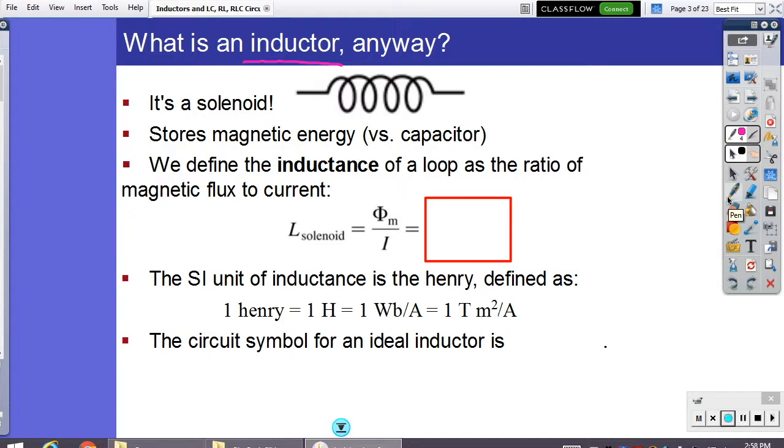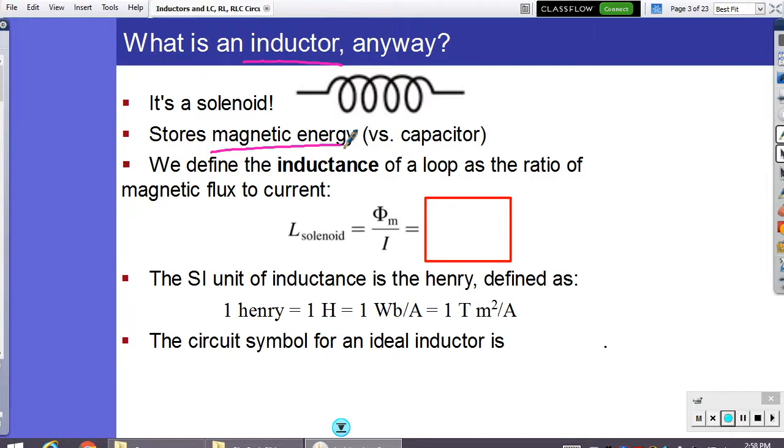What does an inductor do? It stores magnetic energy, kind of like a capacitor, but a capacitor stores electric energy. It stores magnetic energy, and it also has another interesting property that it resists change. So kind of like we've been talking about with EM induction, these inductors, these coils, do not like changes.